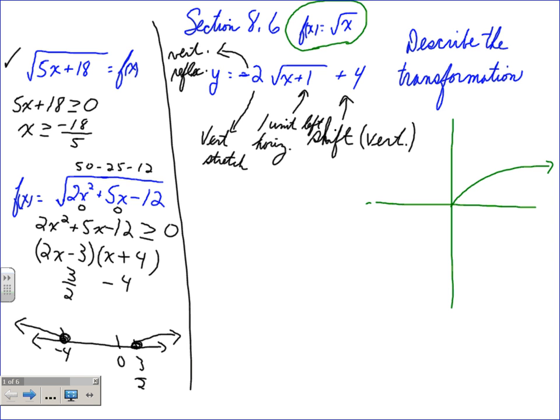So if we move this up 4, stretch, to the left 1, you're liable to get something like something like that. Okay? Might even be below that y-axis, I'm not sure. All right, so describe the transformation. So we have to remember what we learned back in chapter 2, I think. All right.